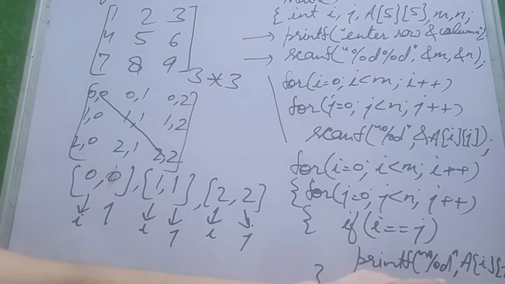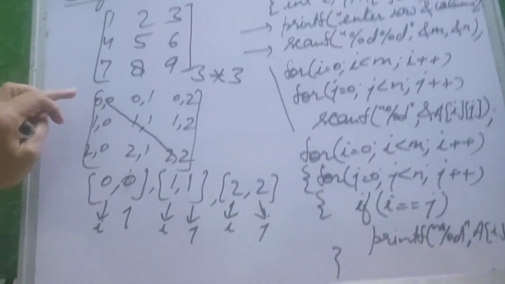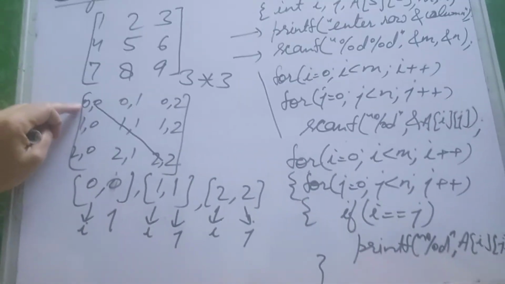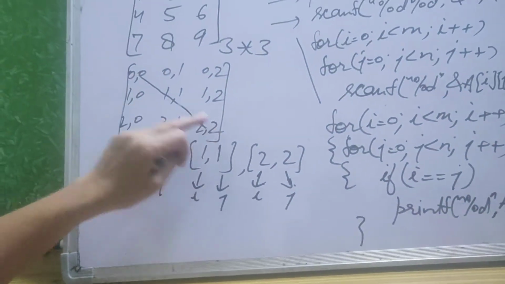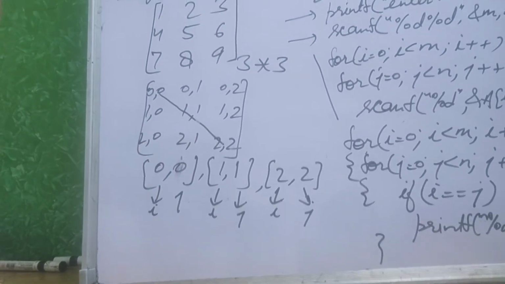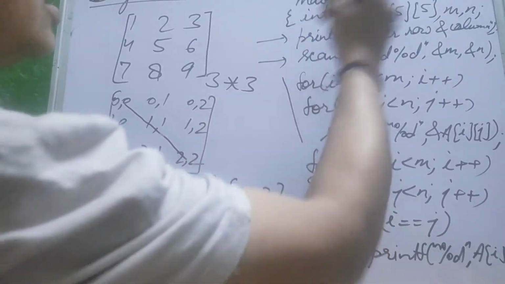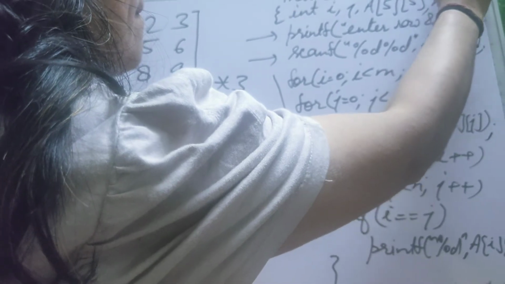It will print the diagonal elements where i equals j. As we can see, i and j are equal here, here and here, so it will print this diagonal. Now this is the principal diagonal.